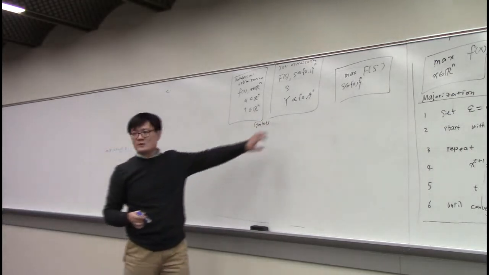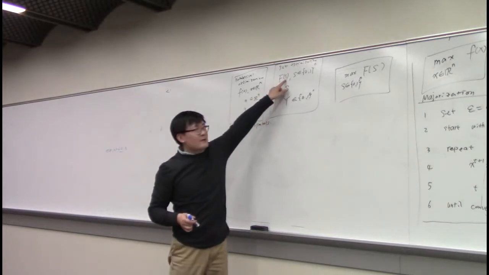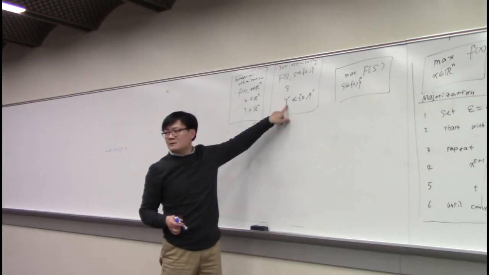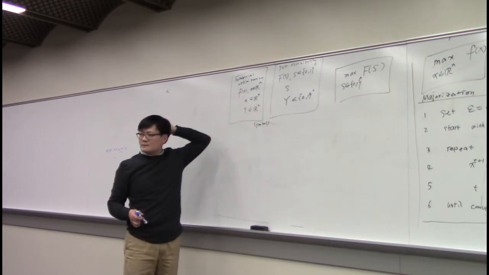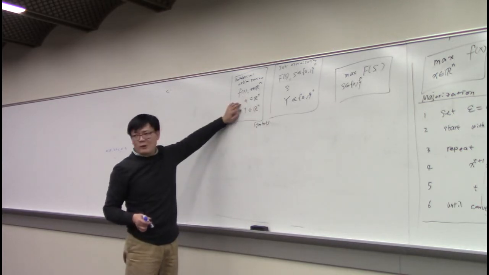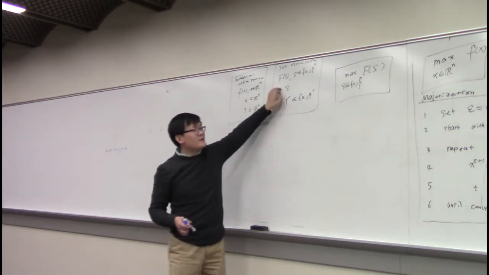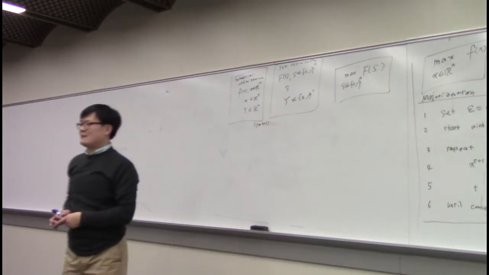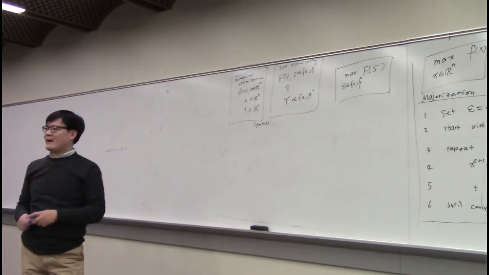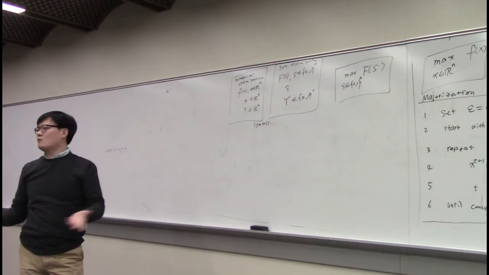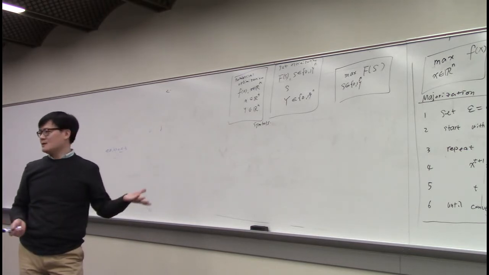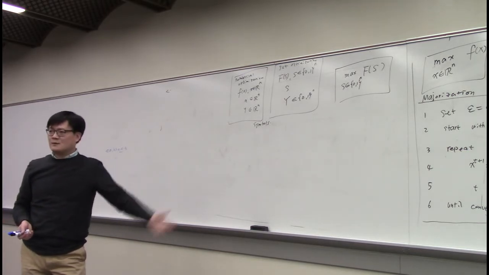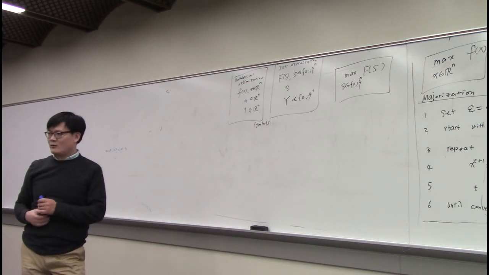We are going to use new symbols, capital S and capital Y, corresponding to small x and small y. Here x and y represent numerical vectors, while S and Y represent two set variables, or two binary vectors. Why do we need different symbols? Because people in the papers use different symbols for numerical and combinatorial optimization.